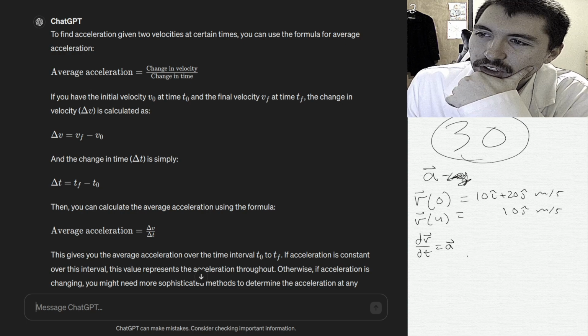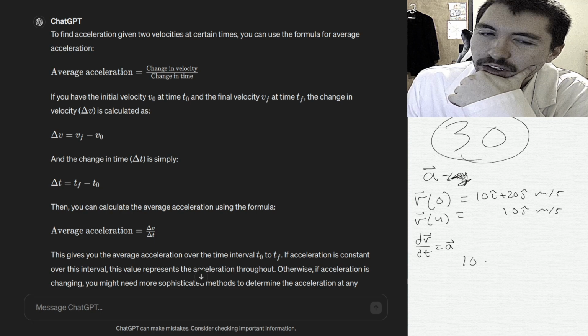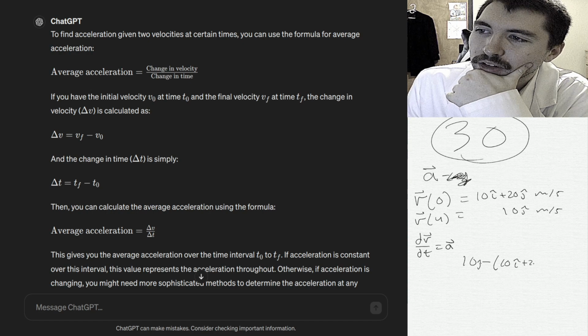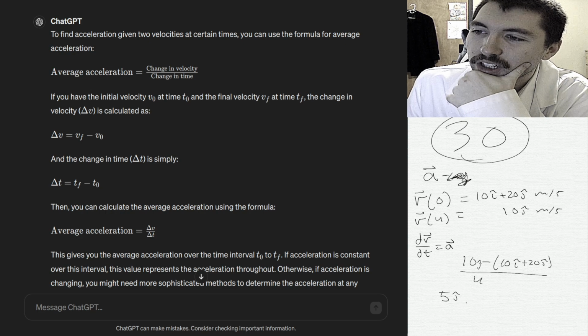So they're saying it'd be 10j minus 10i over 4. So they're saying it would be 5j.